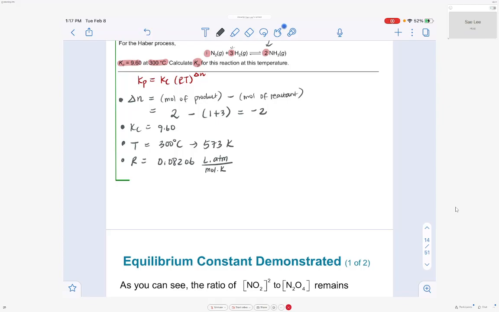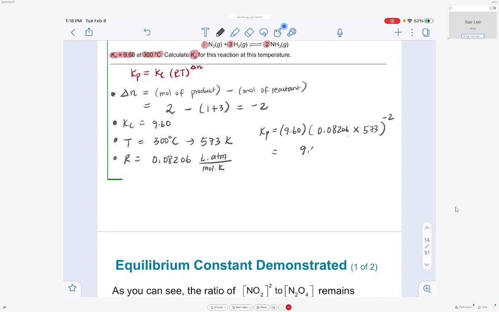So we have all this information, and we will just plug in these values to find the Kp. Kc is 9.60, multiplied by the gas constant 0.08206, multiplied by the temperature 573, raised to the power of negative 2.